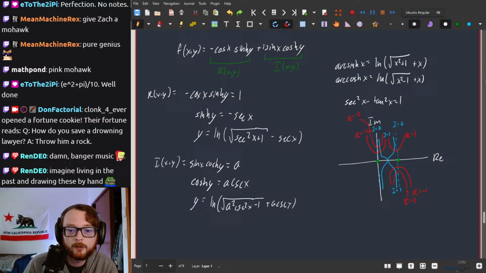Man, what are the words that I'm looking for? You want to travel on the contours of constant imaginary part, but in the direction of decreasing r. So here r goes from -1 to -2, so this is a good direction to go.